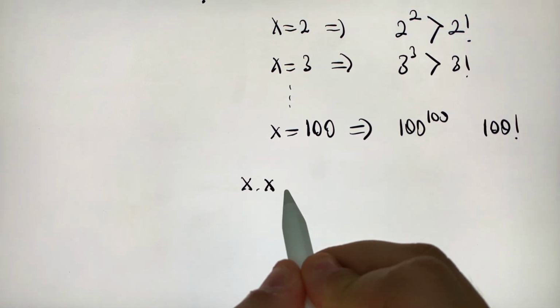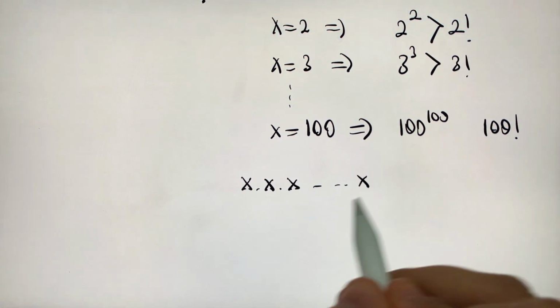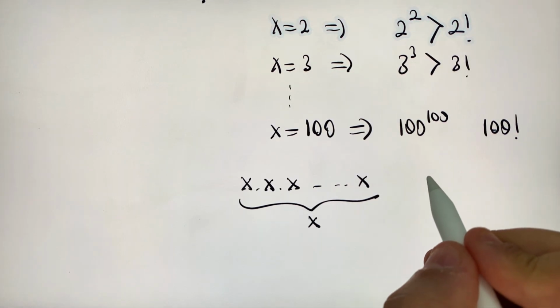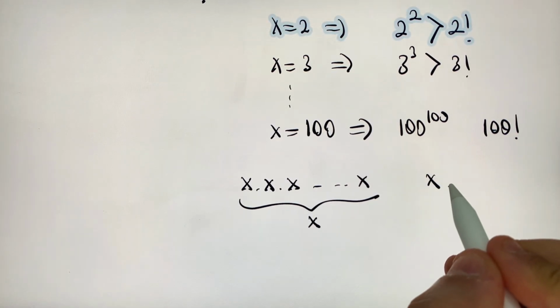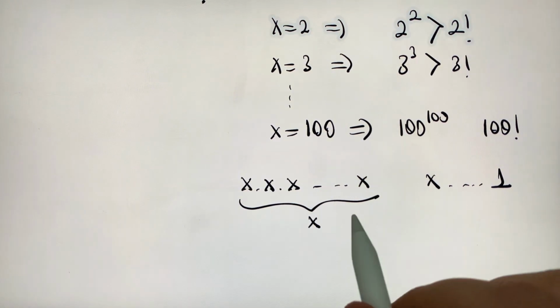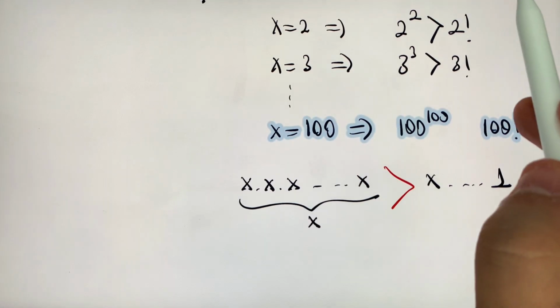Here it is x times x, and so on. On the other side, the factors go down to 1. Which one needs to be bigger? Of course, the expression written here needs to be bigger.